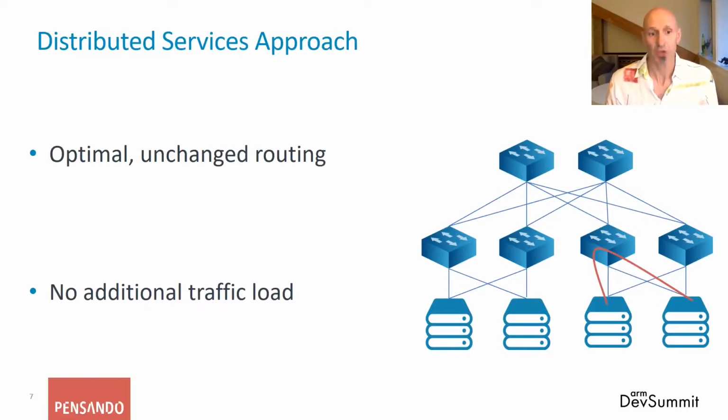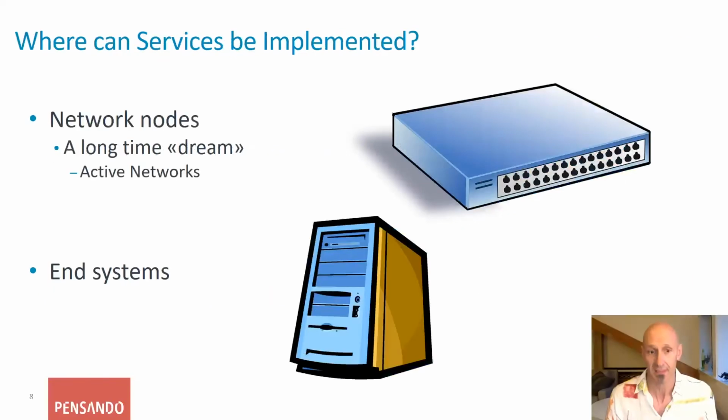Instead, if we could distribute services through the network so that the traffic, naturally following the shortest or optimal route from the source to the destination, hits the service and gets processed according to that service, we would not need to change the routing. We would not need to load parts of the network that would not be loaded. And also, we would not need to add additional latency to our traffic.